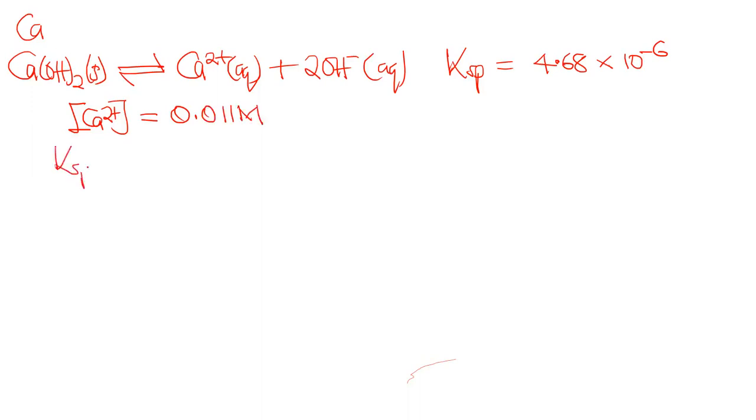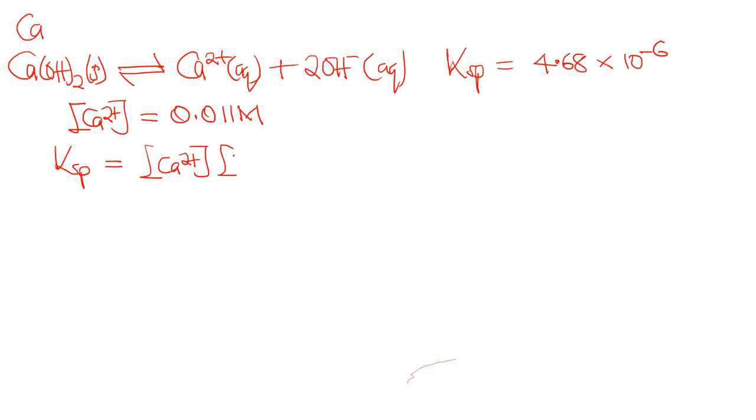And the KSP is calcium times OH squared, which is 4.68 times 10 to the power negative 6.